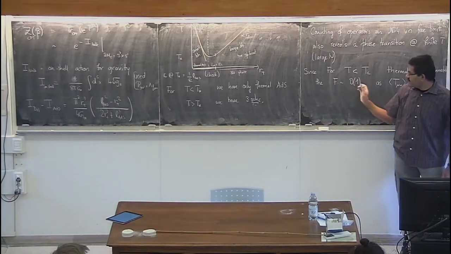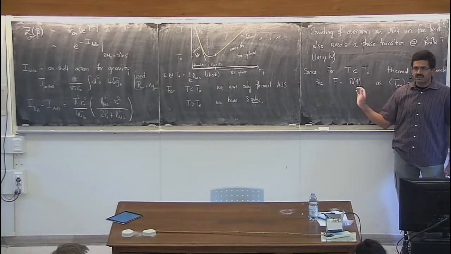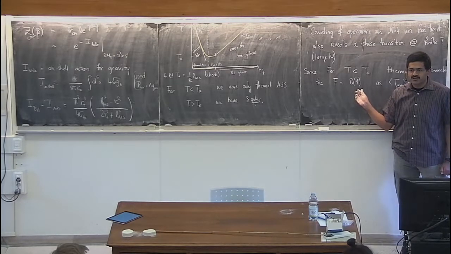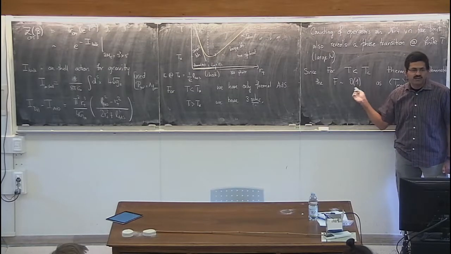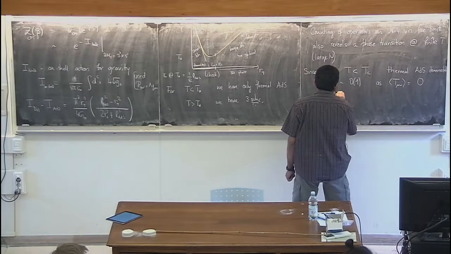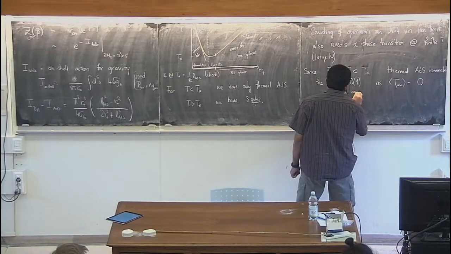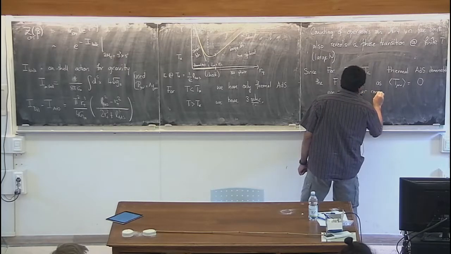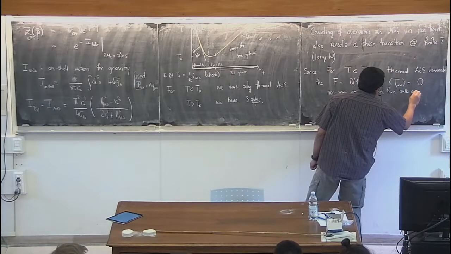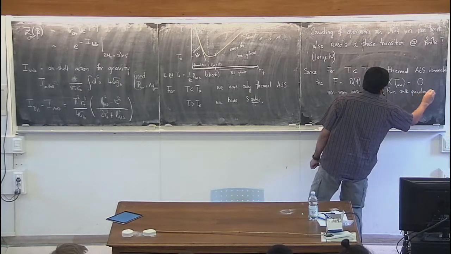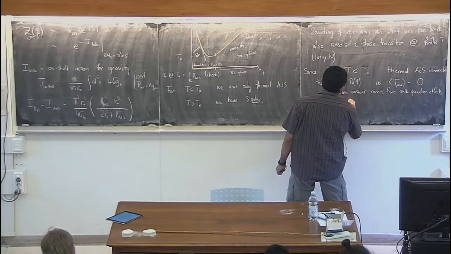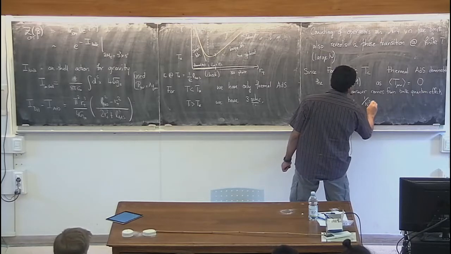So the right statement to make is that the leading order answer comes from quantum effects in thermal AdS, and that's why it's order 1. It's subleading in the 1/N expansion. Okay? Non-zero free energy comes from bulk quantum effects, which are 1/N squared suppressed.